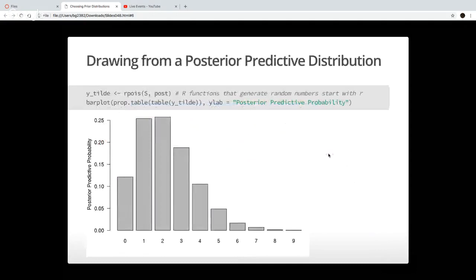So you can do this in R using the rpois function, and R functions that generate random numbers from some distribution are usually going to start with a lowercase r and then have some suffix on them.